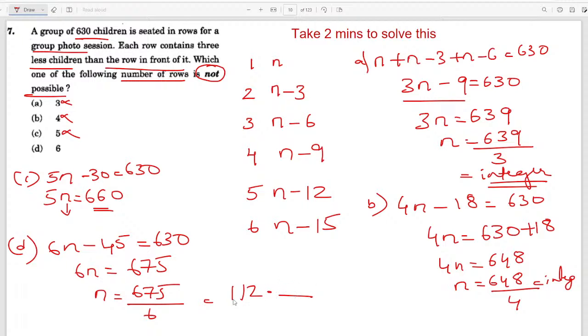This would be a decimal, not an integer. So clearly there cannot be 6 rows with this condition, that every row after the front row has 3 less than the row in front of it. So the correct answer is option D.